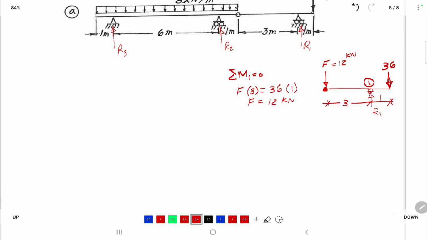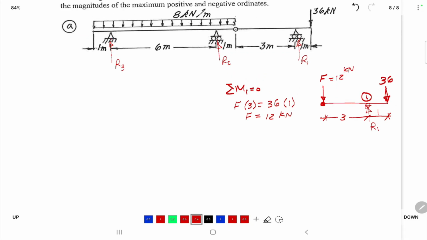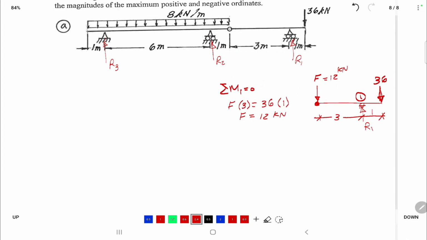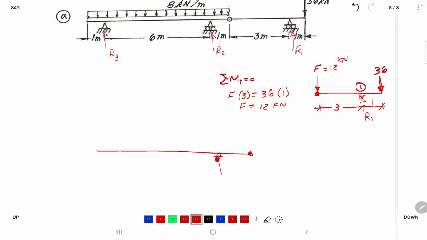Okay, now I'll go to the left-hand side portion of this structure. You see, here is the internal hinge, here is the roller, and R2 is here. R3 is here, and this is the uniformly distributed load, which is 8 kilonewton per meter.